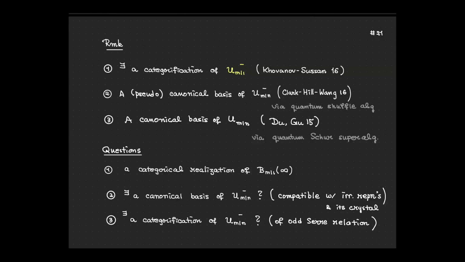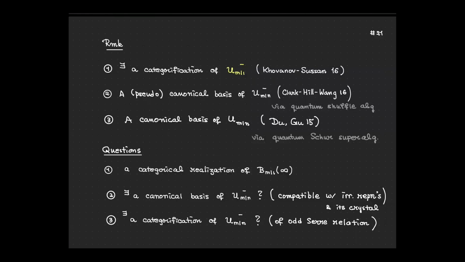Okay, anyway. Another canonical basis construction for U of MN, not only U minus, is given by Jia and Gu in 15. Their construction uses the quantum Schur superalgebra. Their approach starts from Schur duality, and they consider a super analogue of the Schur algebra, and then construct certain nice bases there that are compatible with the negative part of the quantum group, and they call it the canonical basis.